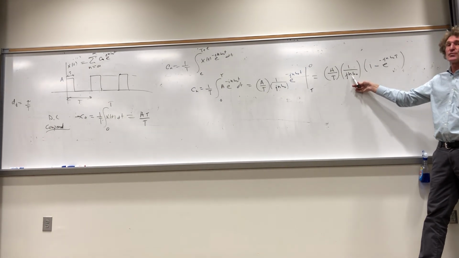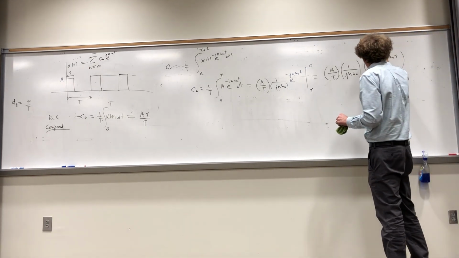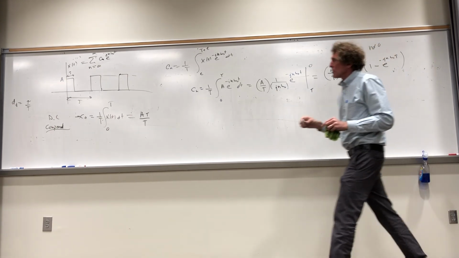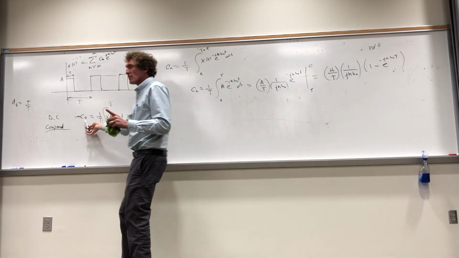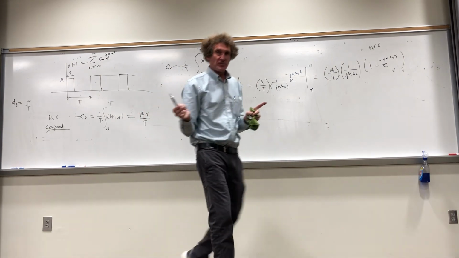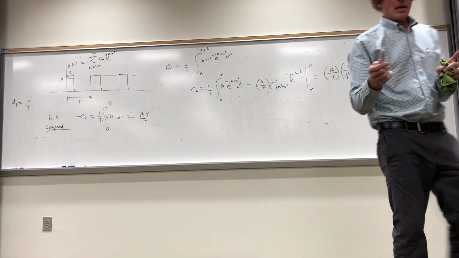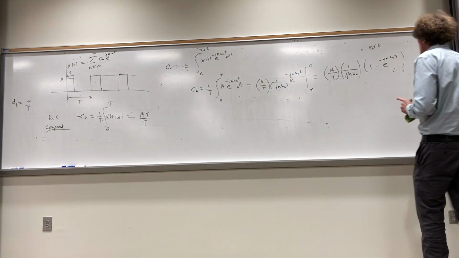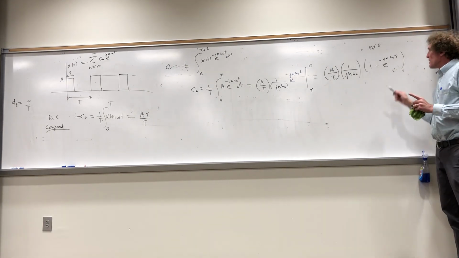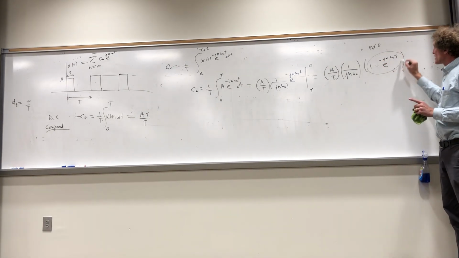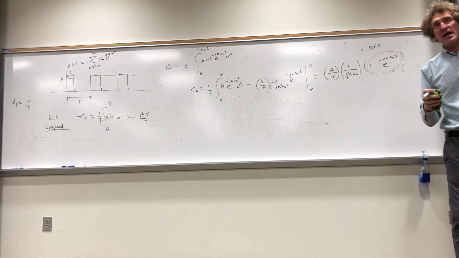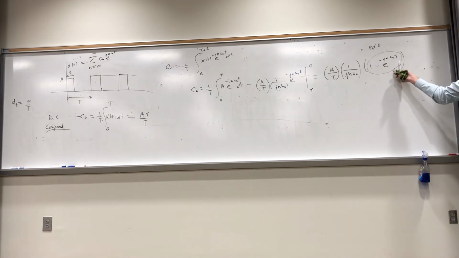Now this is true for n not equal to 0. When n is 0, you have C0. That's over here. That's what you calculate as the average value. Understand? Over here, when I look at this, I'm not going to do it today, but do you all see I could factor out an e to the minus j n omega naught tau over 2.